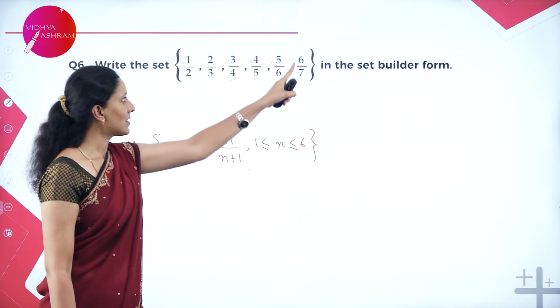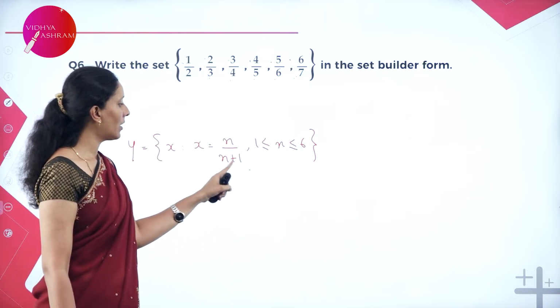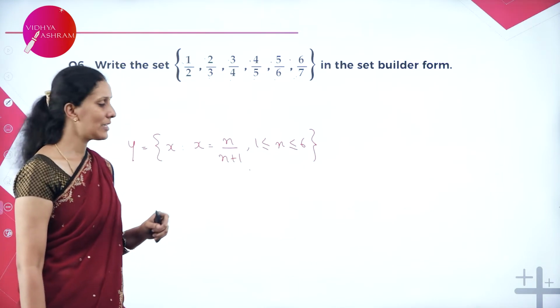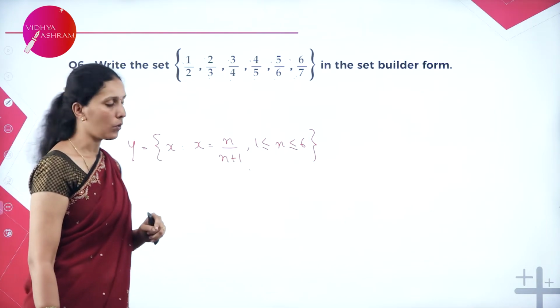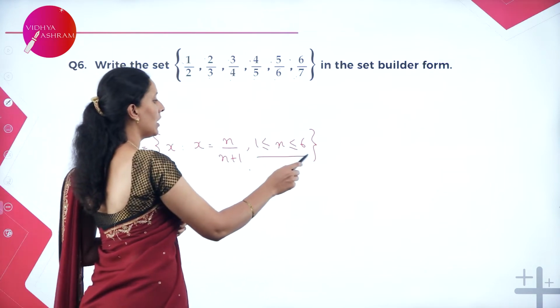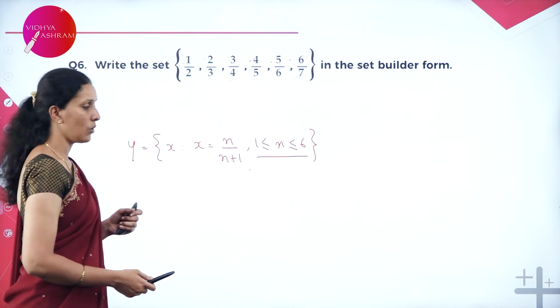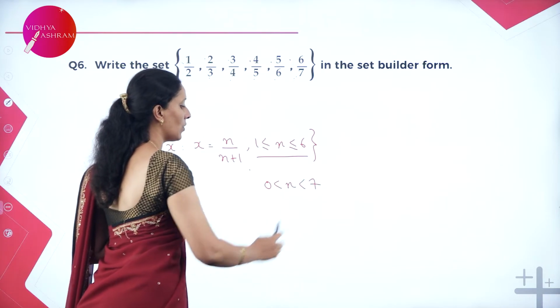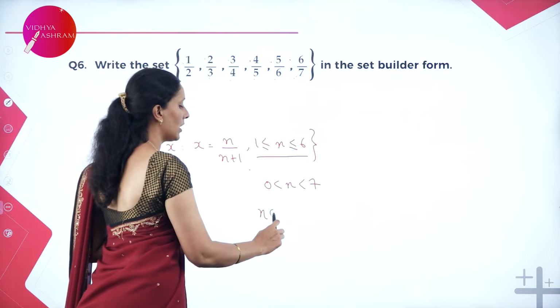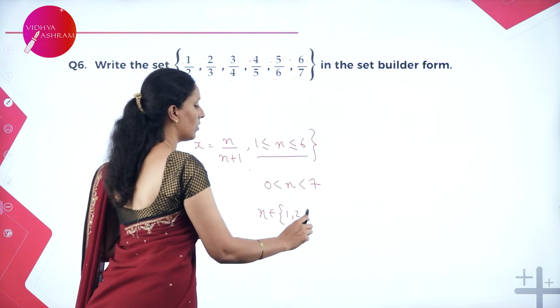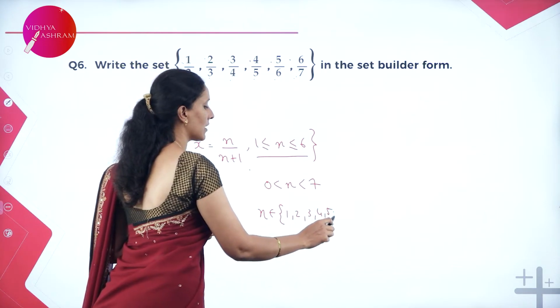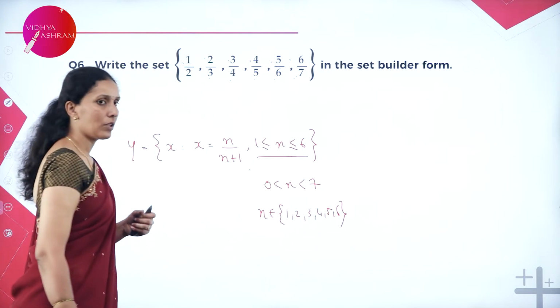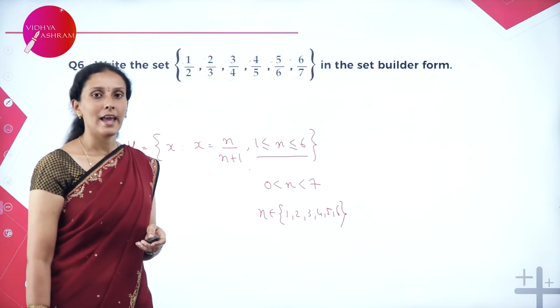Like that, the maximum value you can take is 6, so that the denominator becomes 6 plus 1, 7. So like this you can denote. And the convention for n here can also be written in many ways. We can say n strictly lies between 0 and 7. We can also put n belongs to 1, 2, 3, 4, 5, 6 like this. So any one of the conventions can be used for n.